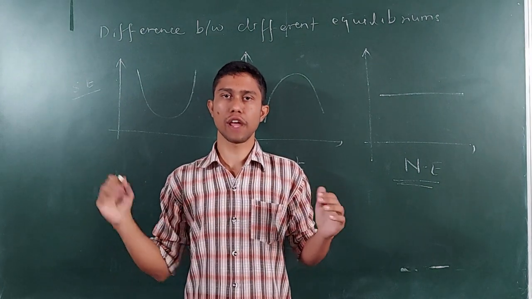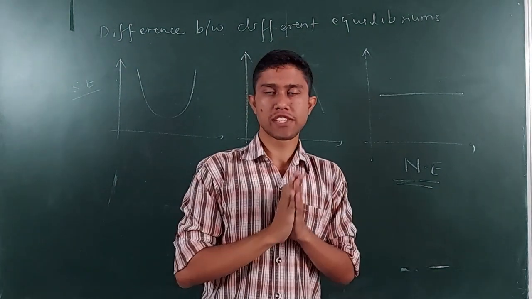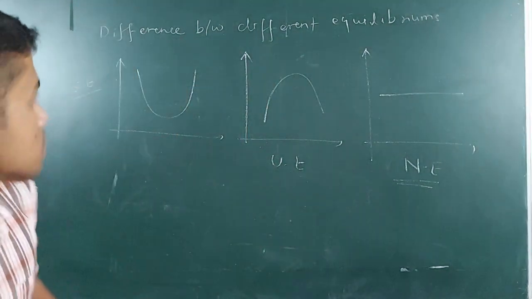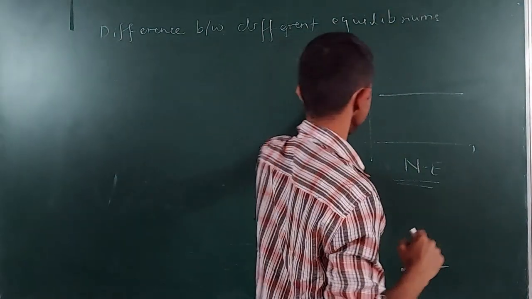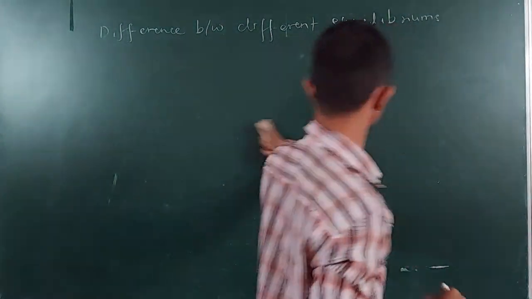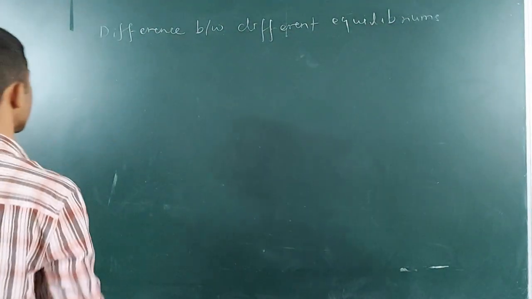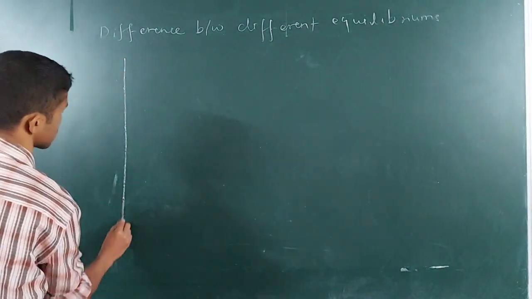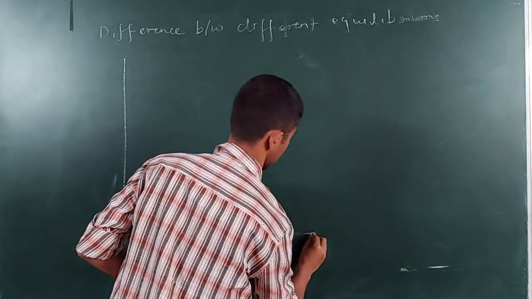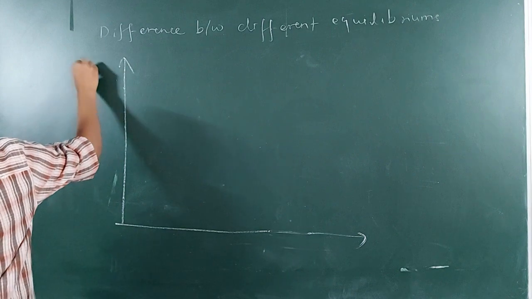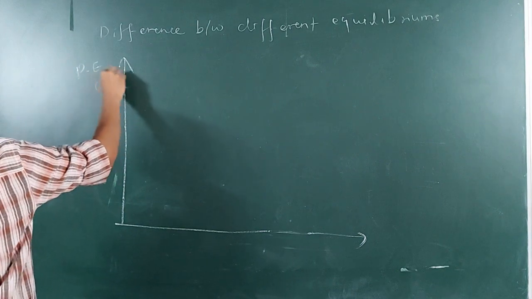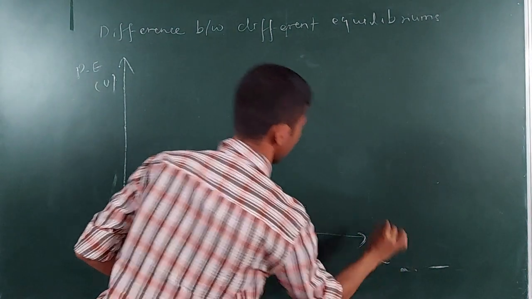Now I will club these three graphs into one graph. So what will this graph look like? On this axis it is the potential energy, that is U, and on this axis it is x.